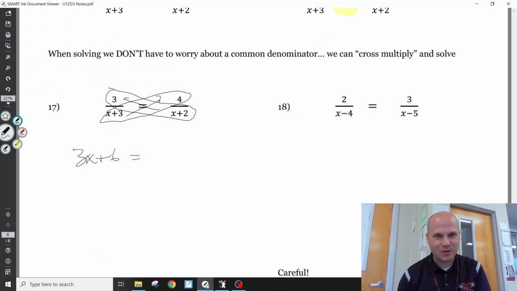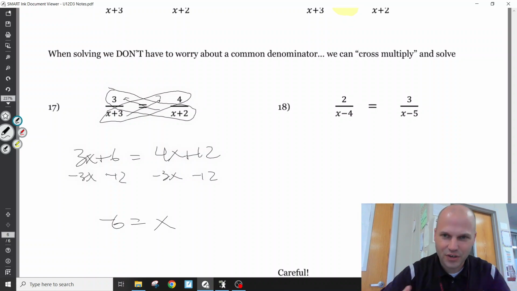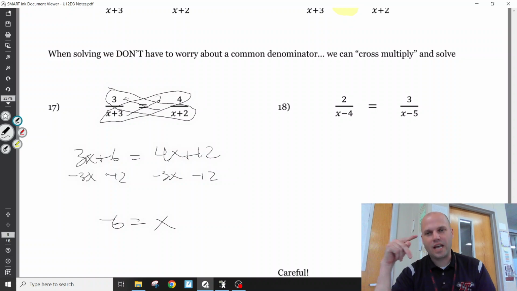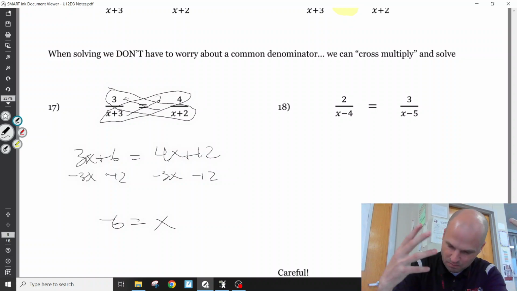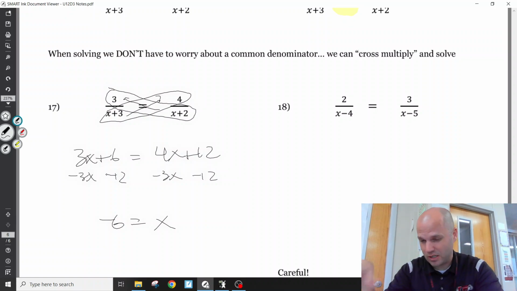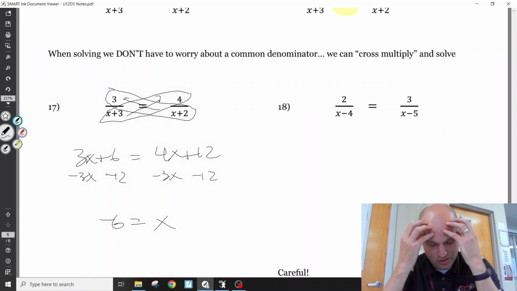3x plus 6 equals 4x plus 12. Subtract 3x. Subtract 12. Subtract 12. Negative 6 equals x. Done. When you get into pre-calculus, we're going to have to do more stuff, okay? We will have to move everything onto one side, set it equal to 0, do analysis, especially for inequalities.